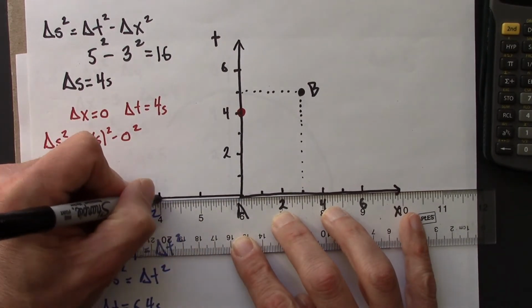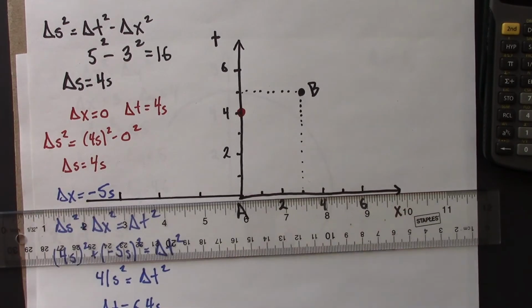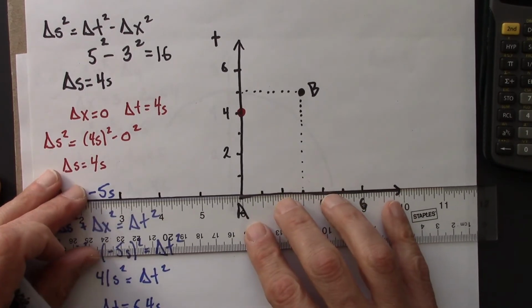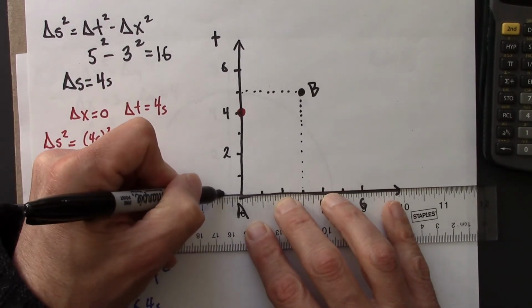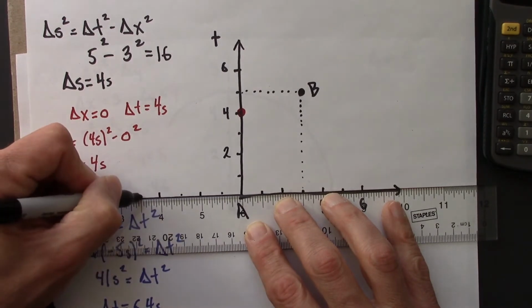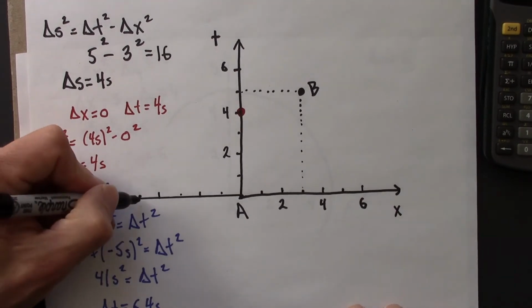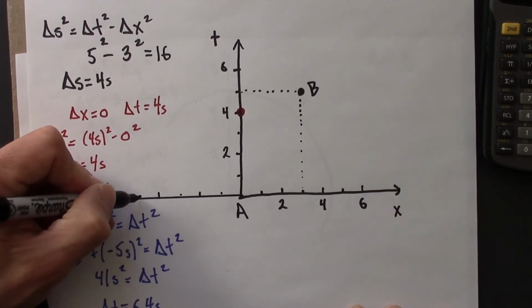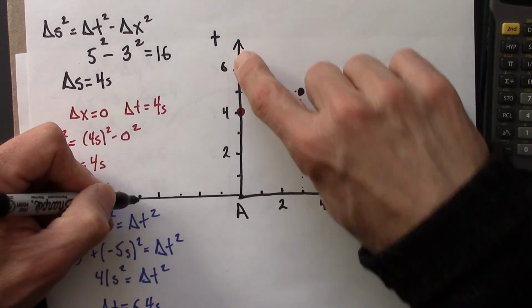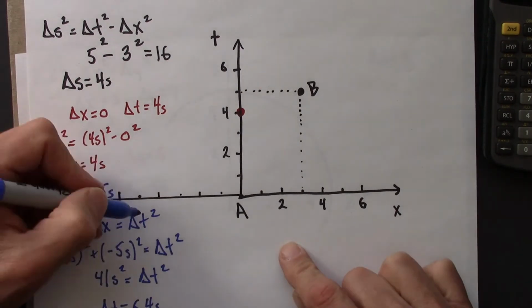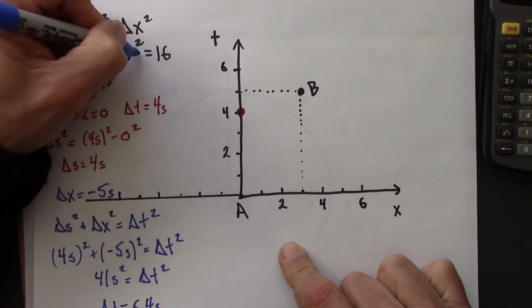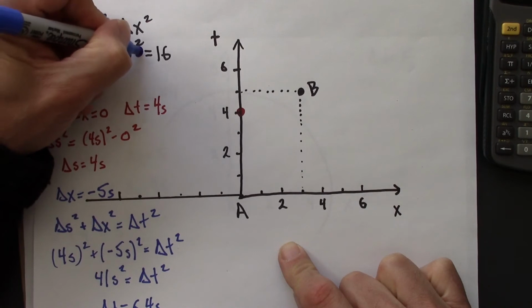Two, 4, 6. Okay. So this is minus 5. And then plus 6.4. Gosh, that's going to be way up here.